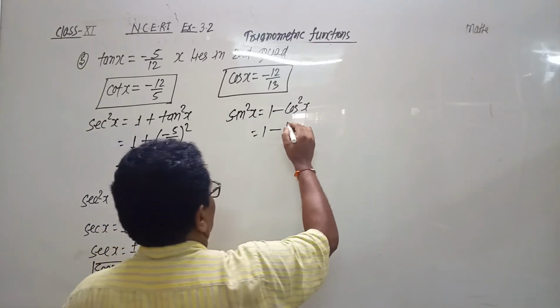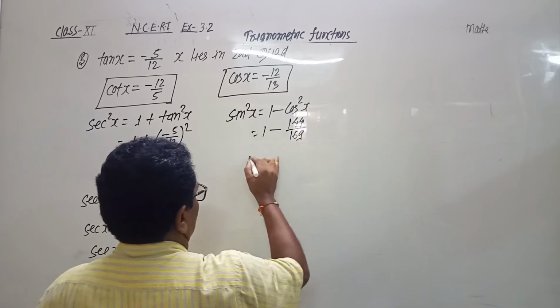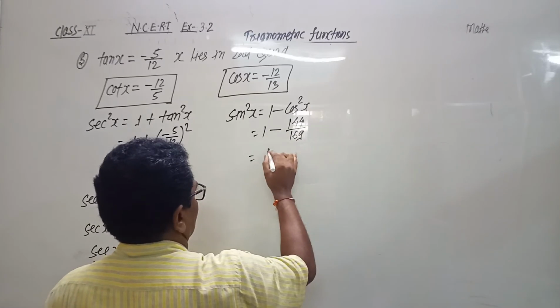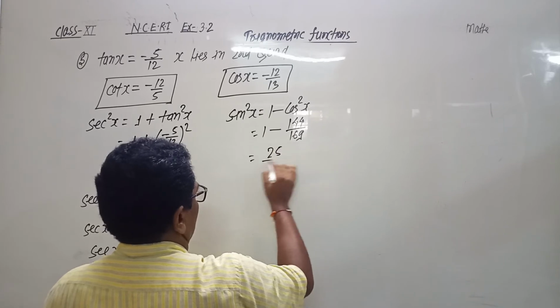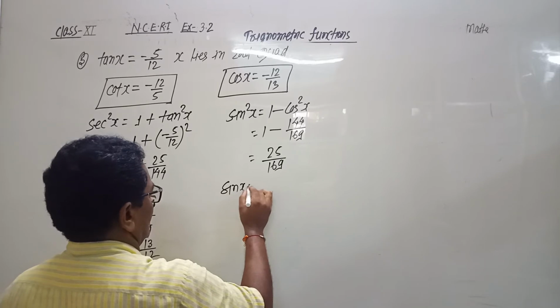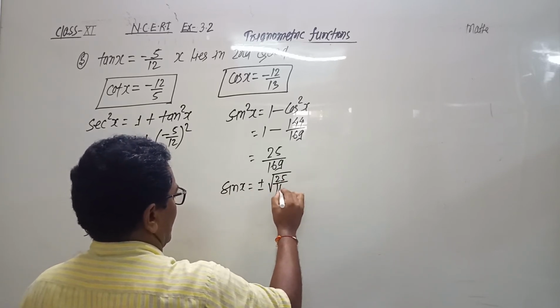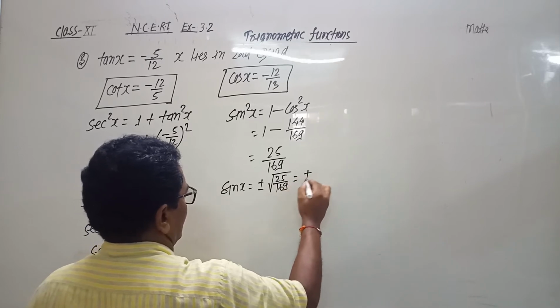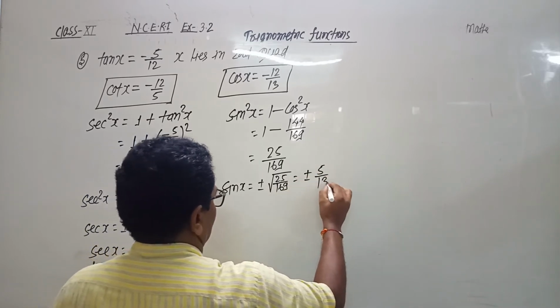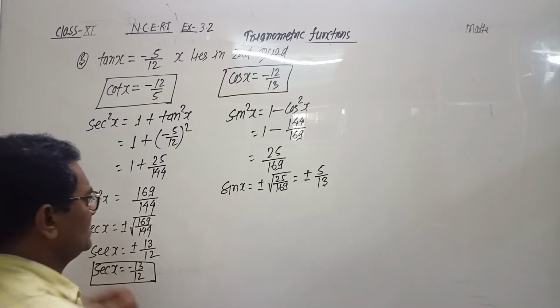So minus 12 by 13 the whole square is 144 by 169, we get 169 minus 144, 25 by 169, and sin x equals plus or minus under root of 25 by 169, which is plus or minus 5 by 13, and sin x is positive in the second quadrant.